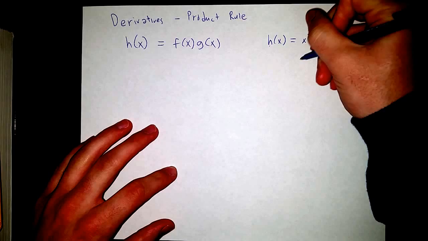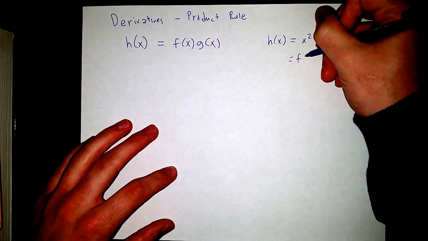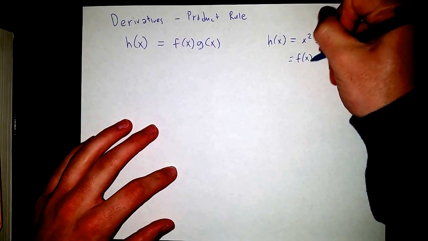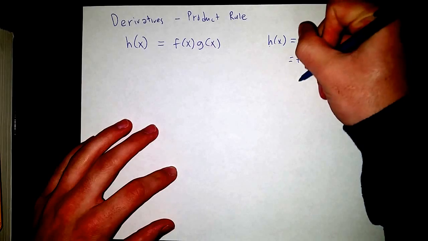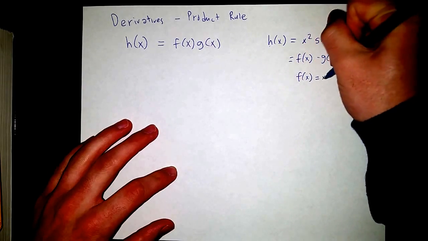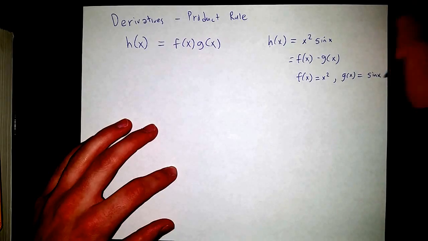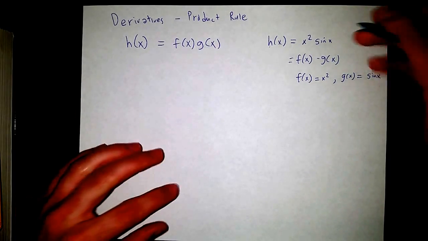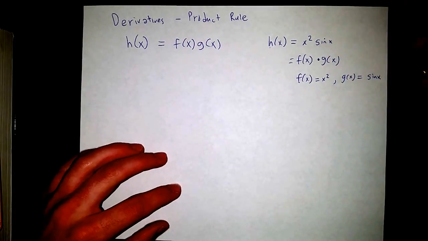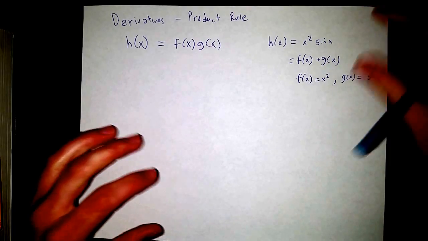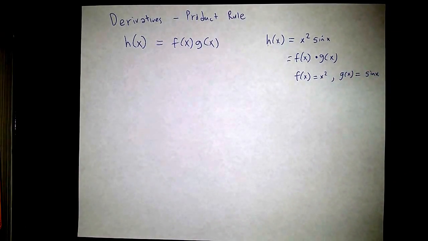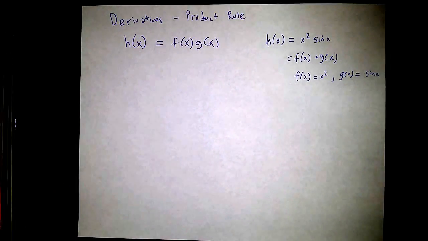So we can write h of x equals f of x times g of x, where f of x equals x squared and g of x equals sine of x. That's the background on why we want a rule to help us find the derivative of such functions.